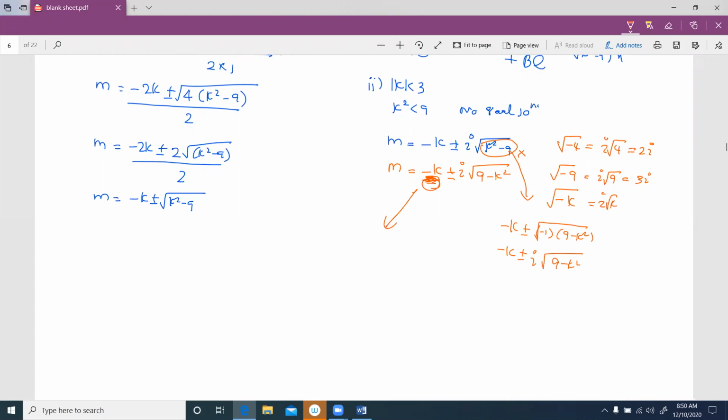Therefore, you can say y equals e to the power of minus kx times (a cos of the square root of 9 minus k squared x plus b sin of the square root of 9 minus k squared x). This is the answer for that. That's the way of getting the answer for this question.